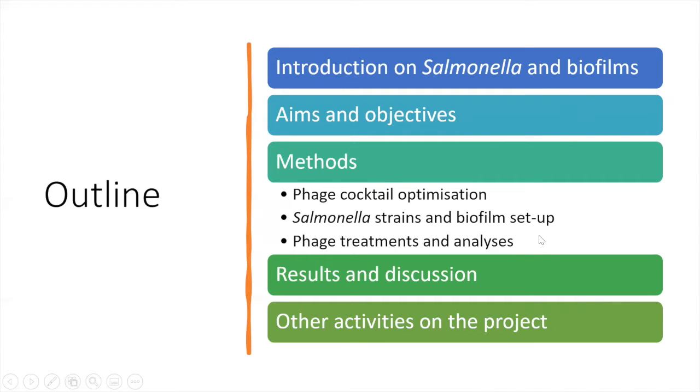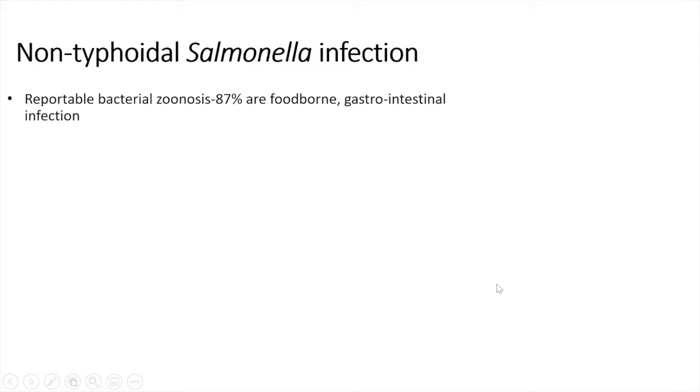Then the methods we used to optimize the phage cocktail, the Salmonella strains we used, how we set up the biofilms, the phage treatments and the way we analyzed the data. I will show you some of the results we have obtained and also some focal points in the project.